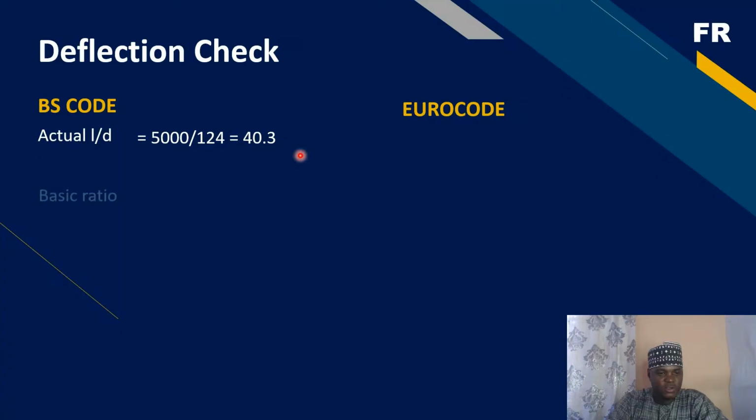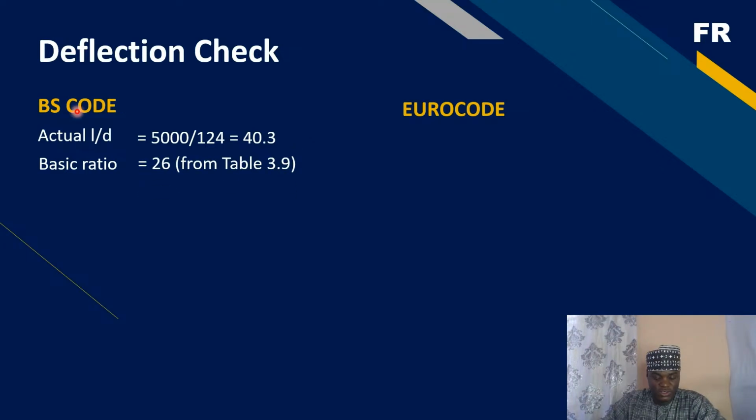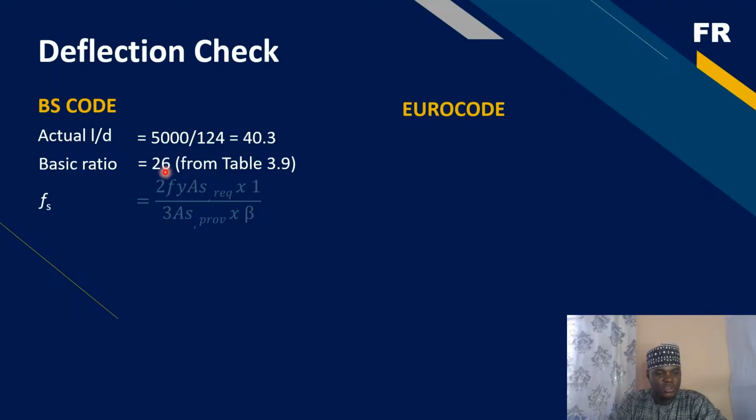So because of that, we need to calculate our basic ratio from table 3.9 of BS 8110, we have 26. Then we need to calculate fs from this formula by substituting the As required and As provided. Beta is always taken as 1. At the end of the day, you have fs equals 157.4.